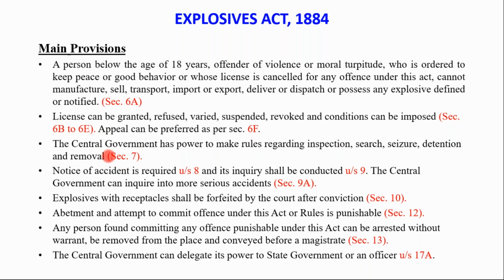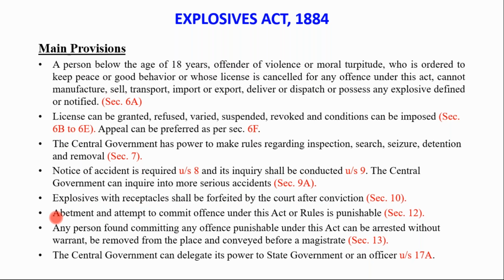We have already discussed Section 7, and under Section 8 is notice of accident and its inquiry. Under Section 9 the central government can inquire into more serious accidents under Section 9A. With reference to Section 10, the explosive with receptacle shall be forfeited by the court after conviction.